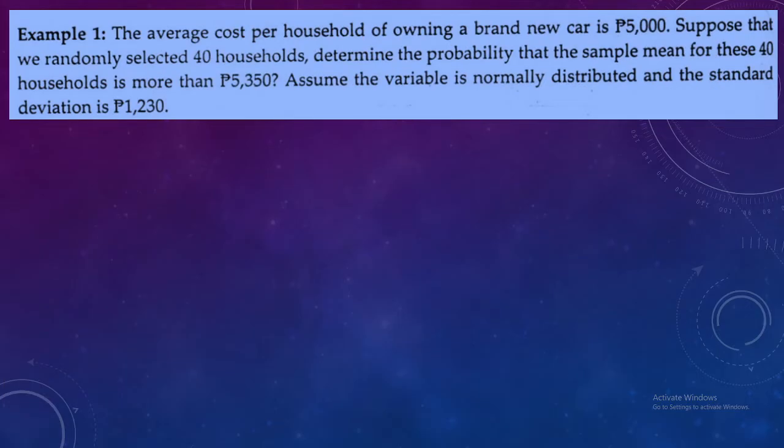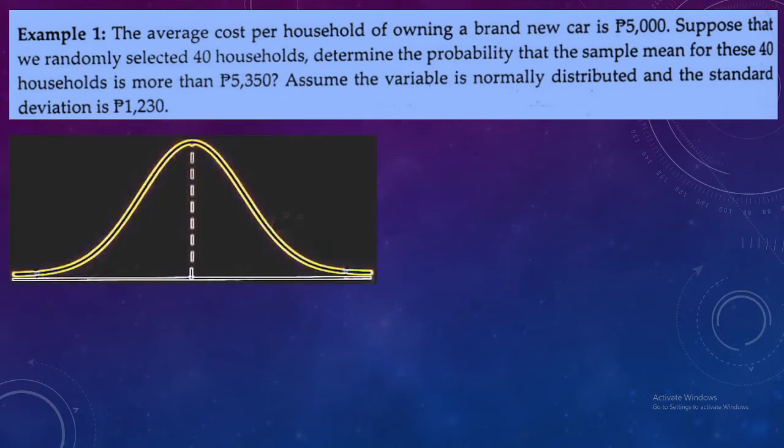The average cost, let's draw the normal curve as well. The average cost per household of owning a brand new car is 5,000. So where are we going to place 5,000 in our normal curve? At the center. So I'll be placing 5,000 over here, because again, the middle part, the center here, is where the average is located.